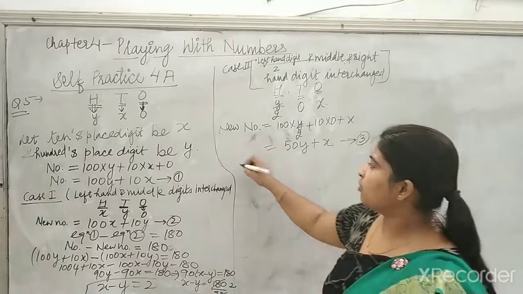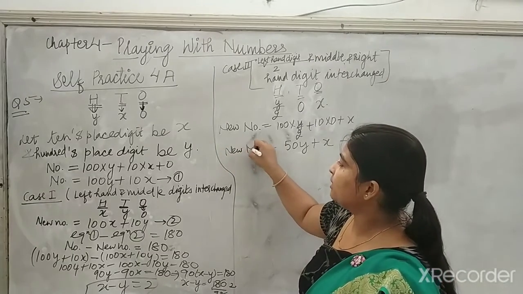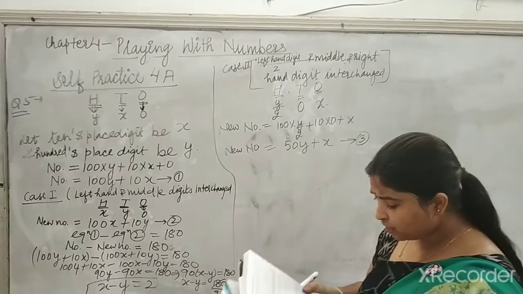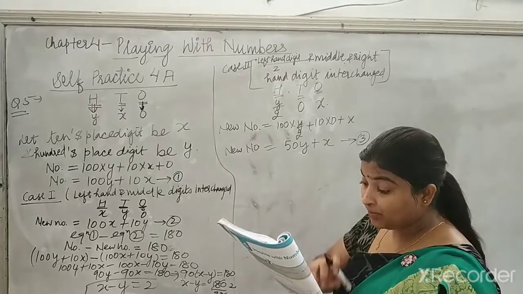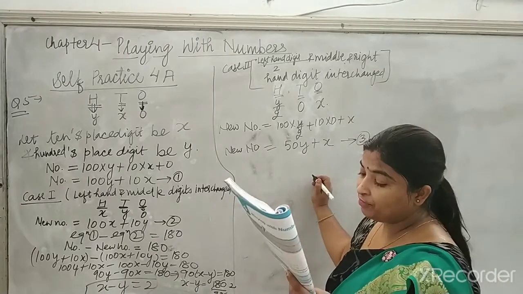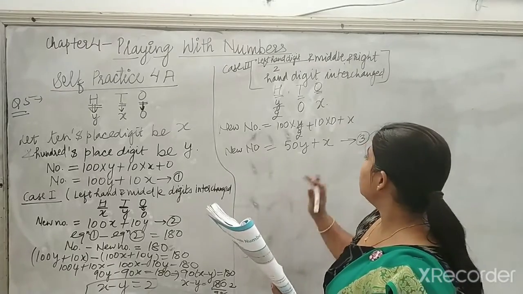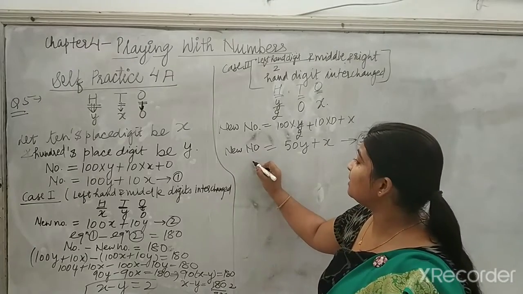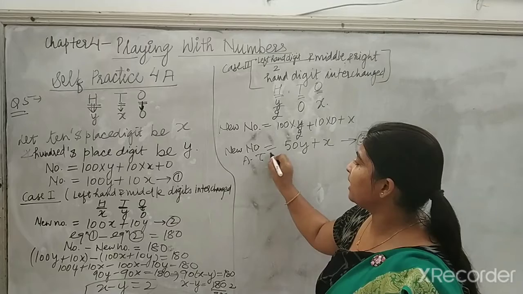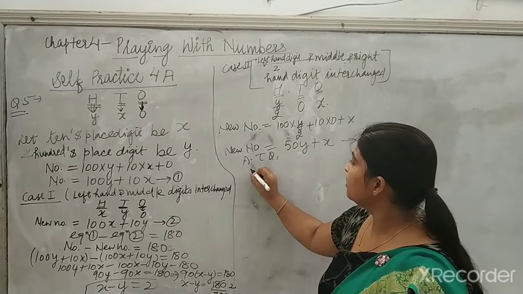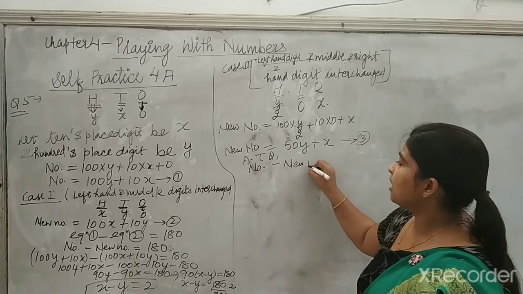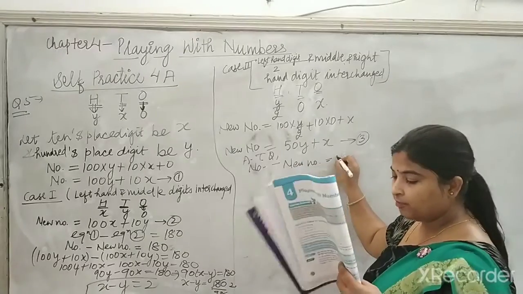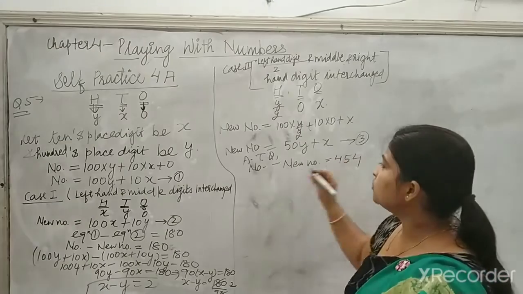According to the question, it is saying that the number is diminished by 454. So according to the question, number minus new number is equal to how much? It is 454. So what is my number?